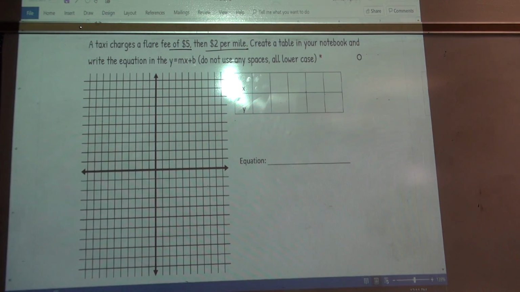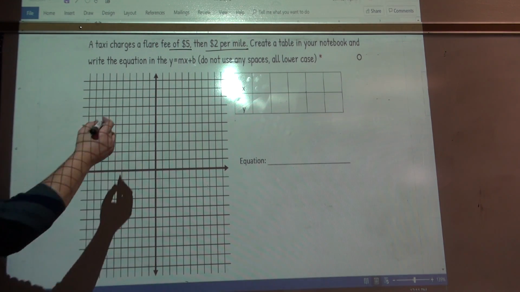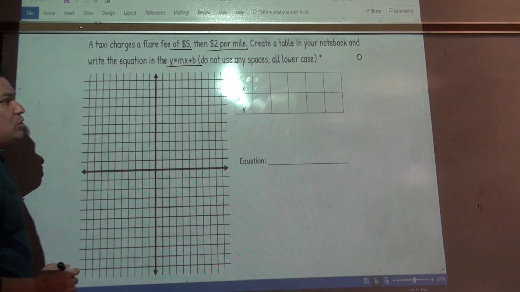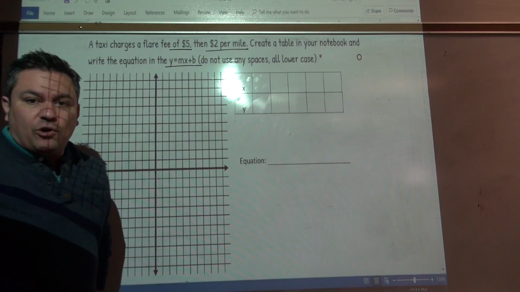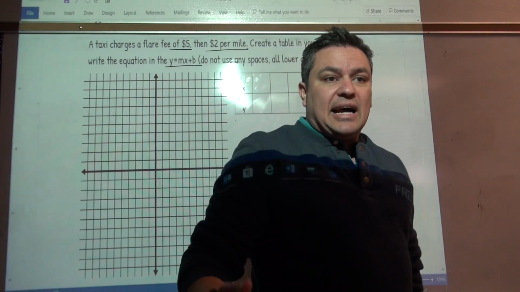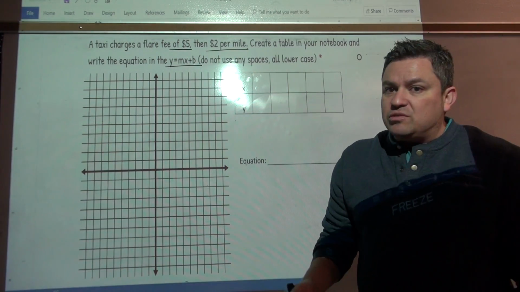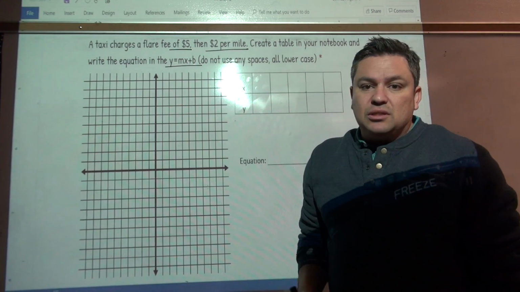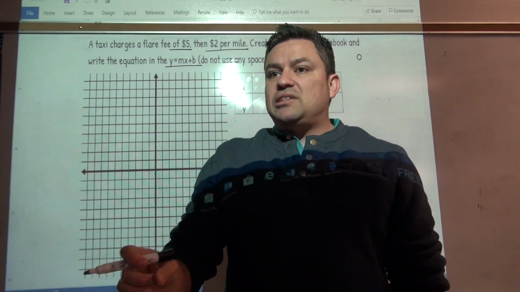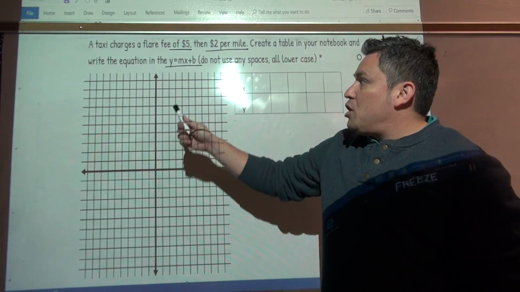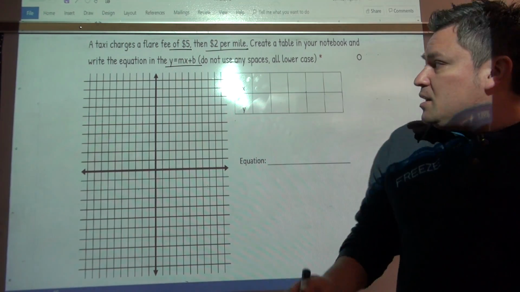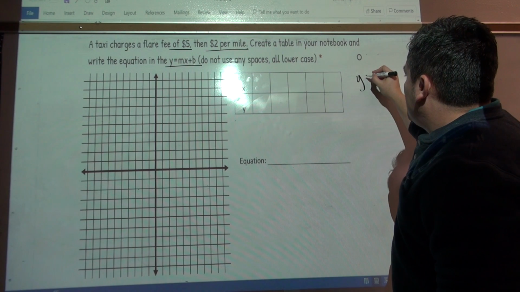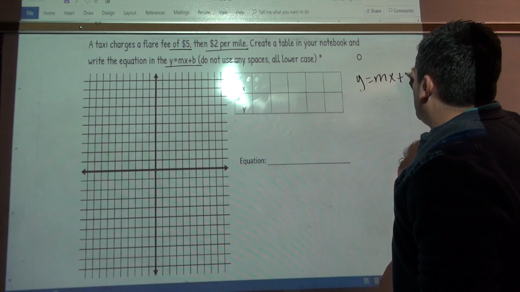It says, write the equation in the form y equals mx plus b. Right here, I know that for every mile the taxi driver drives, I'm going to have to pay $2. And as soon as I get into the cab, they're going to charge me $5, no matter what. So remember, you have y equals mx plus b.